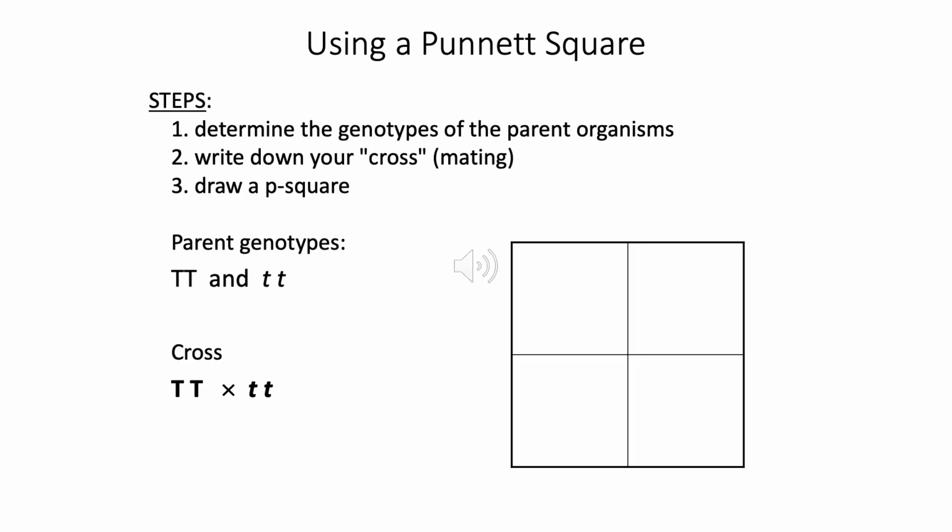Looks like this. So to use a Punnett square, the first step is you have to determine the genotype of the parent organisms that you're working with. Next you have to write down your cross, your mating. Let's say you draw a Punnett square. Now you have the parent genotypes that you predict, and you already have your cross.